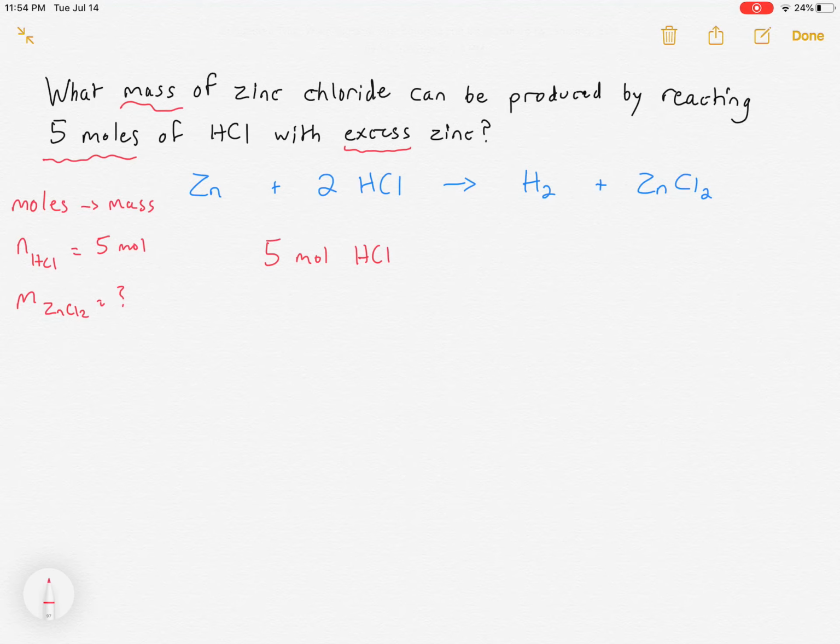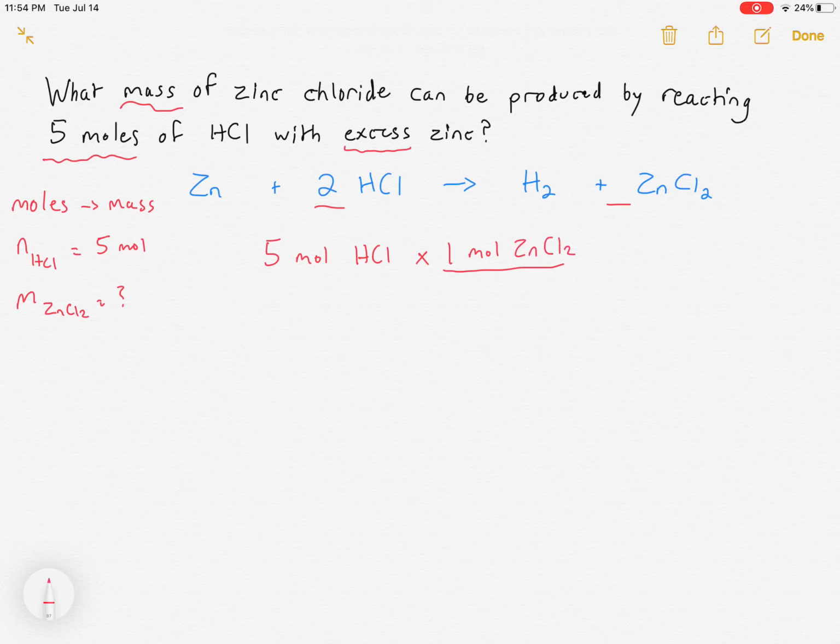What I mean by that is, if we have 5 moles of hydrochloric acid, we have to set up our molar ratio so that the moles of hydrochloric acid cancel out. So if we're comparing zinc chloride and hydrochloric acid, then we need to look at these coefficients. If there's no coefficient here, we know that's 1.